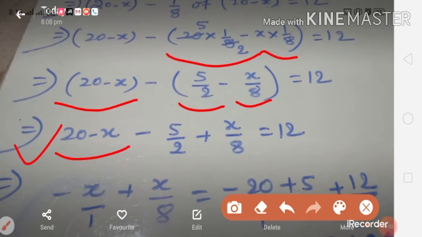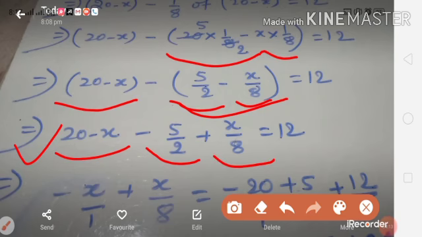And we see here that outside the bracket there is a minus, so we have to change the sign of both. So minus 5 by 2 changes into minus 5 by 2 becoming plus 5 by 2, and minus x by 8 changes into plus x by 8.